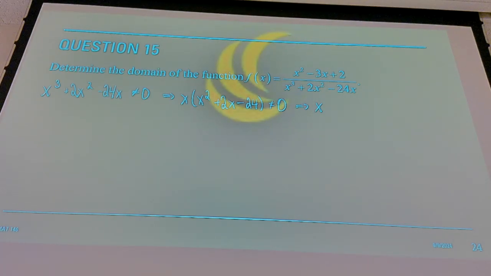It would be x, and then parentheses x plus 6, and then 2, and x minus 4. So x can equal 0, negative 6, and 4.